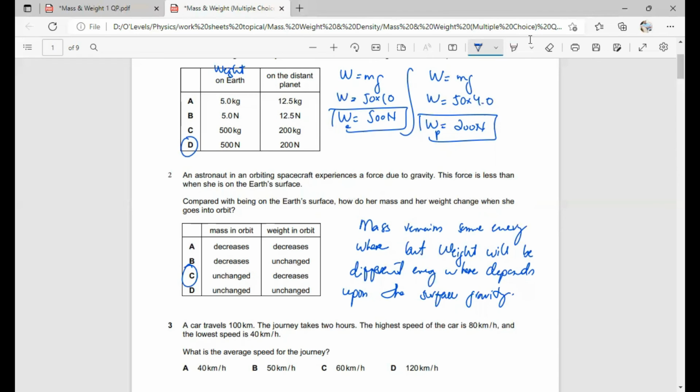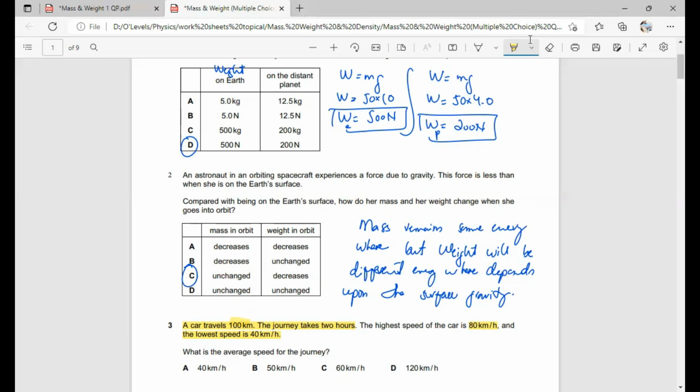Now, this is a part of a measurement question. A car travels 100 km and the journey takes 2 hours. The highest speed is 80 and the lowest speed is 40. Calculate the average speed of the car.